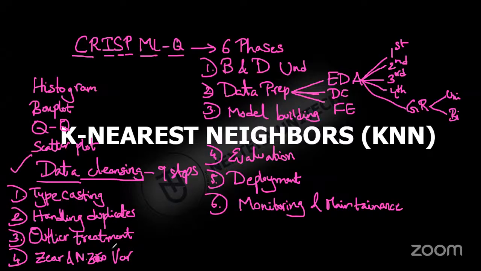So we calculate the variance for the columns, and if we find that any of these columns have zero and near zero variance, such kind of columns are to be eliminated. They have to be removed because they don't work for any kind of analysis. Next to zero and near zero variance, did we discuss discretization?